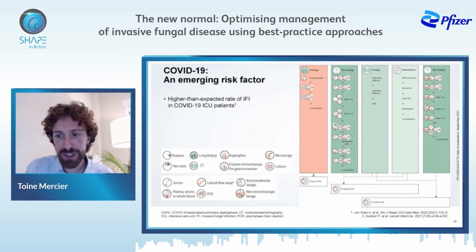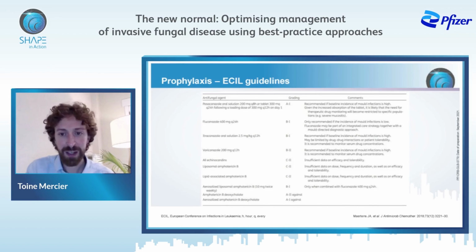The classification criteria are a lot less strict, in my opinion, than all the other criteria that have been published so far, so they include a larger group of patients. The possible category relies on microbiological testing from non-bronchoscopy samples alone, for example, which is a lot less stringent than previous criteria. But keep that in mind, COVID patients do have an increased risk of invasive aspergillosis.